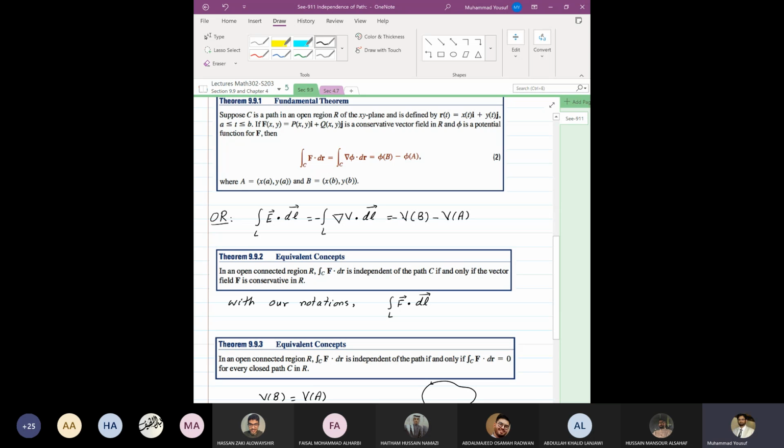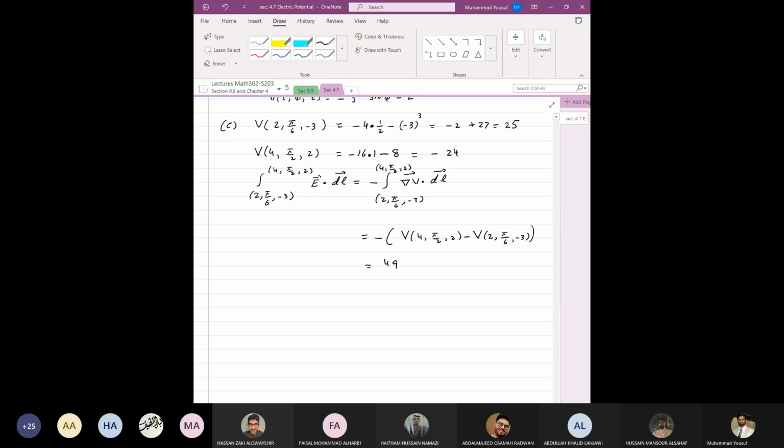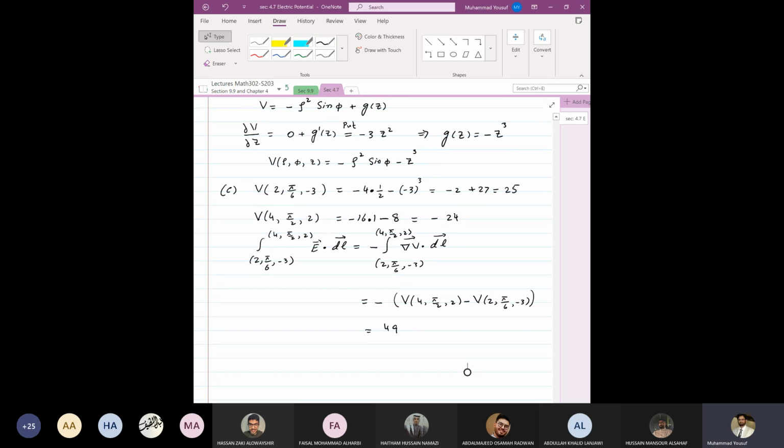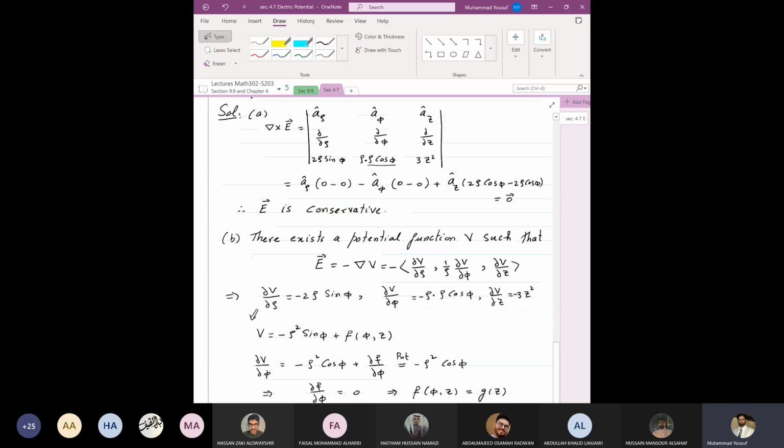So we will have negative V of B plus V of A. Before, you used this as the fundamental theorem of calculus, but here we are simply saying fundamental theorem. So by that theorem, E is negative gradient of V. So it means negative into V of B minus V of A, which becomes V of A minus V of B. So it is 49.